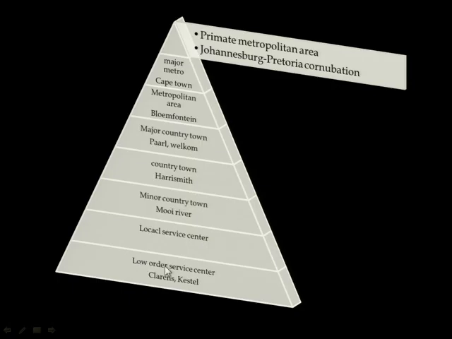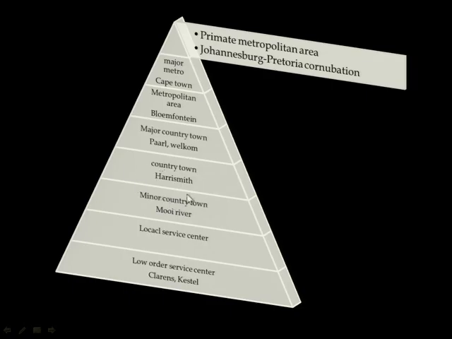So that is in the lowest part of our hierarchy, in the bottom basically, and then you have local service centers, and then you have minor country towns. We're talking urban hierarchy. That's how we classify them according to the orders that they have, guys. What do I mean? Is it high order, low order, or middle order? Okay, fine. And then you have minor country towns.